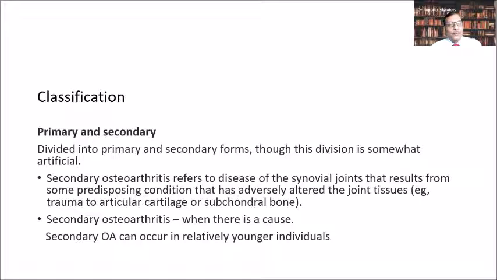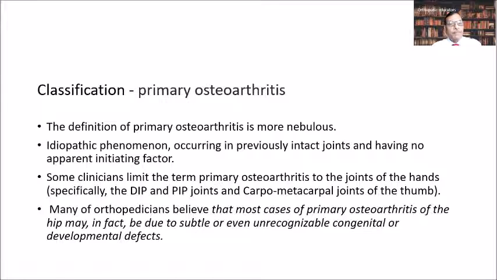It also means that there has to be a cause for the osteoarthritis, and usually it occurs in relatively younger individuals. Whereas primary osteoarthritis is a bit more nebulous. It is an idiopathic phenomenon occurring in previously intact joints having no apparent initiating factor.